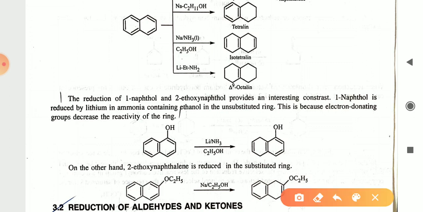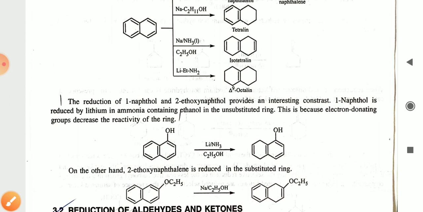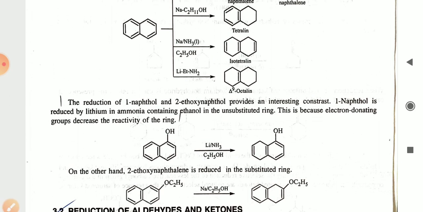So you can see the OH is present on the ring, and in the presence of lithium and ammonia, it will reduce the double bond present in the other benzene ring. Okay, and on the other hand, 2-methoxynaphthalene is reduced in the substituted ring. Okay, this is all about the reduction of aromatic rings.